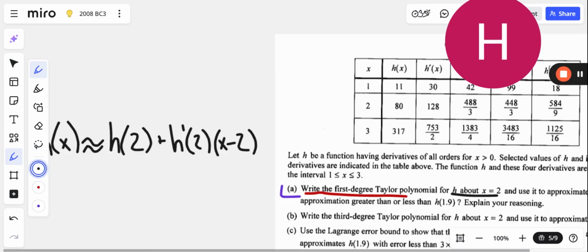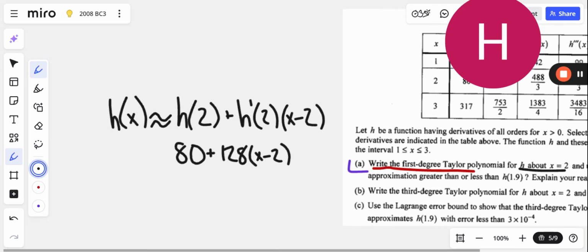So this is approximately 80 plus 128 times x minus 2. Now if we want to approximate h of 1.9, we'll simply plug 1.9 in.